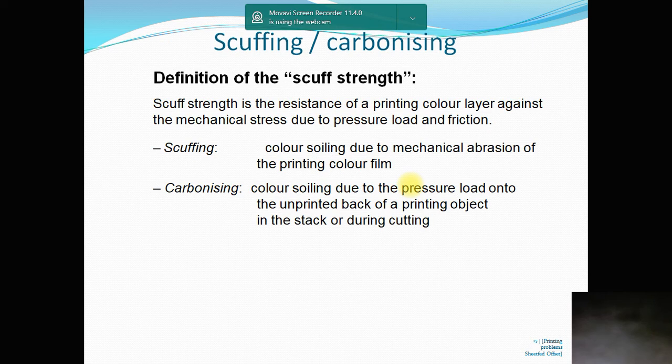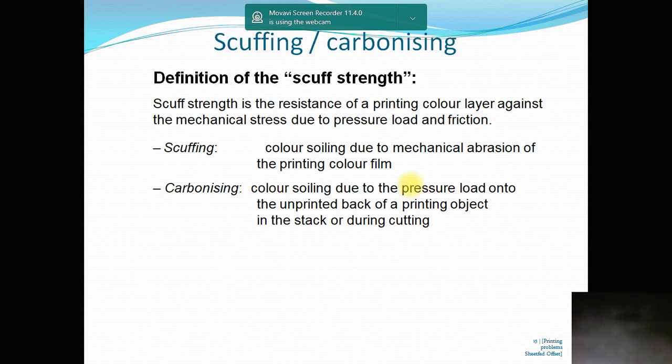When we are doing finishing operations on the printed sheet, we find such problems, known as scuffing or carbonizing. What is scuffing and what is carbonizing? There is a slight difference between these two, but together we can call them that. Scuff strength is the resistance of the printing color layer against mechanical stress due to pressure, load, and friction.